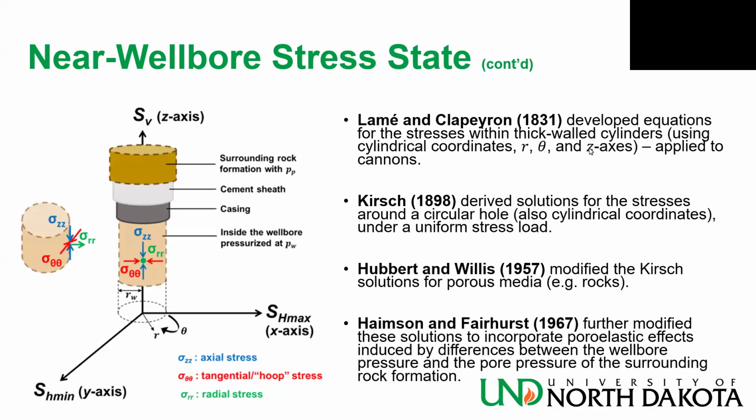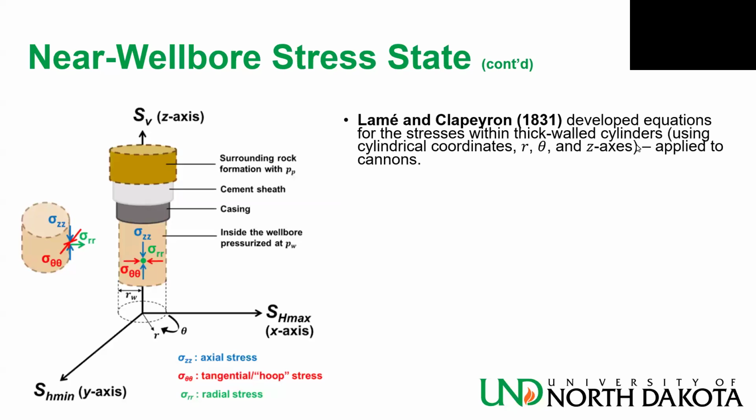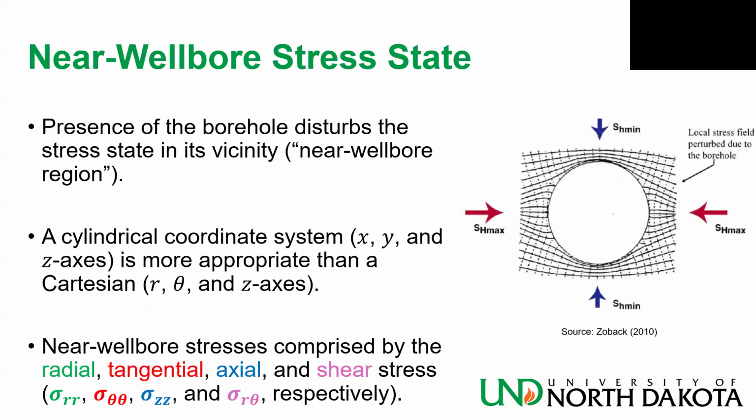So we talked about the near wellbore stresses. When you drill a wellbore, you interfere with the surrounding stress field. So the stresses in the near wellbore vicinity are not basically the in situ stresses that we talked about earlier, SV, SH max, SH min.